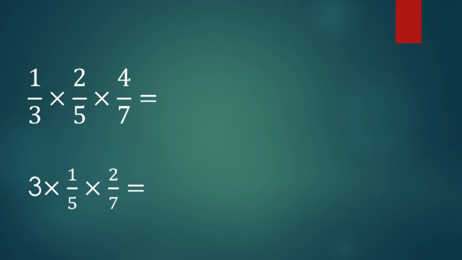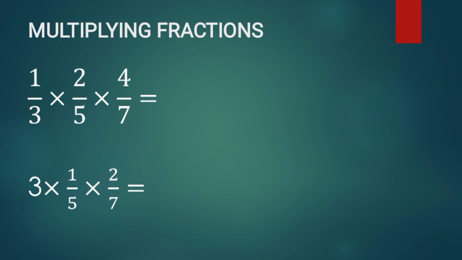Let us proceed with the next example. So given are 1/3 multiply by 2/5 multiply by 4 over 7. So we are going to multiply the numerators or the top numbers.